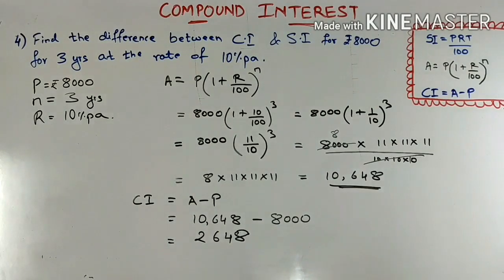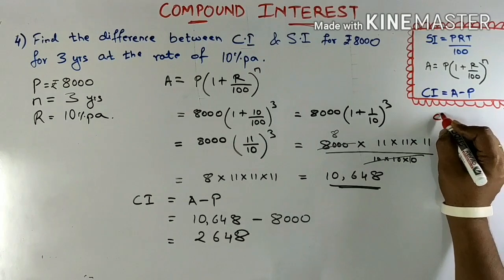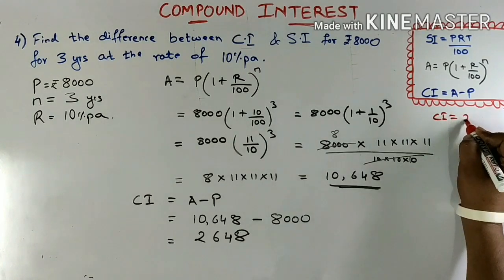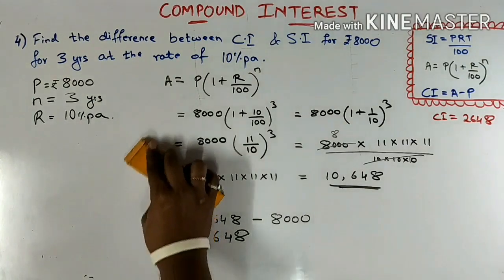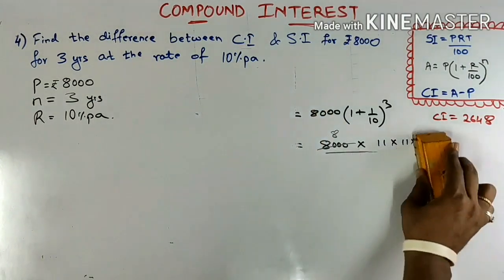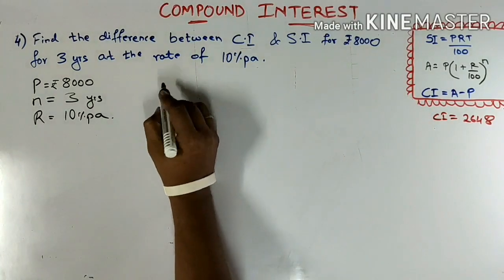So this is my compound interest. So I'll write it or note it down. Compound interest is 2,648.